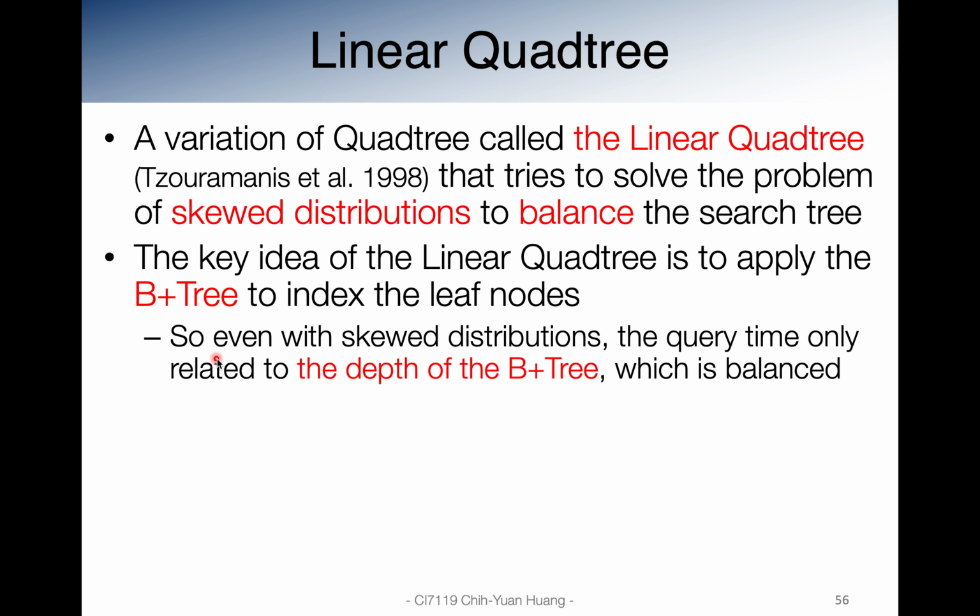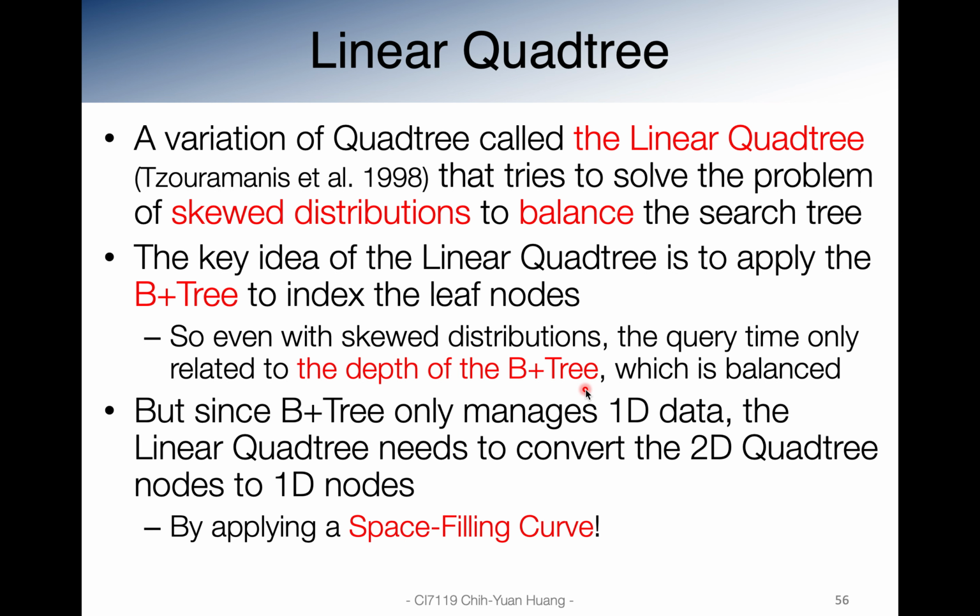So in this case, even with the skewed distribution where the quadtree is unbalanced, because we only index the leaf nodes of the quadtree, the query is conducted on the balanced B plus tree. So the query time is only related to the depth of the B plus tree, and because it's a balanced tree, it won't be affected by the skewed distribution of the data.